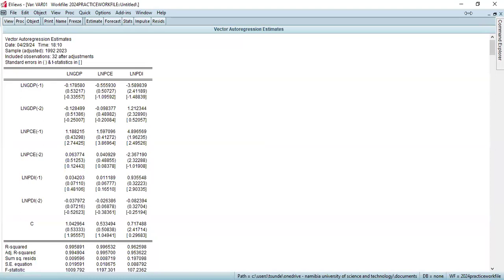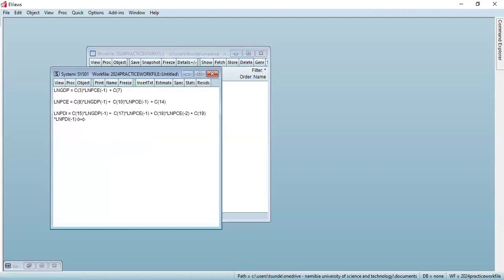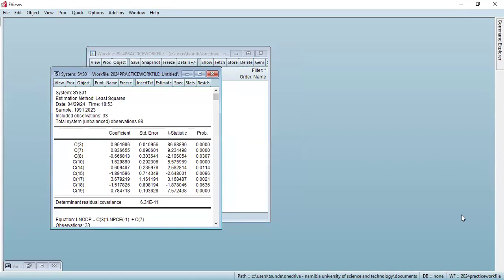Let me go back to the system 1, this one. Right. This is the first model we estimated. So I want to estimate this once again. So this system 1, correct.